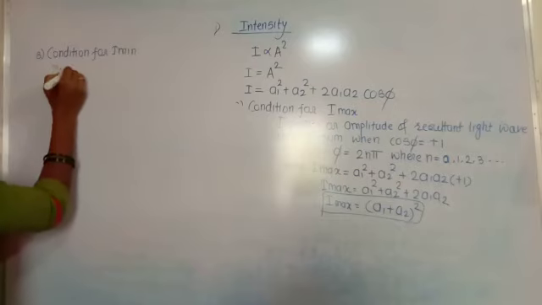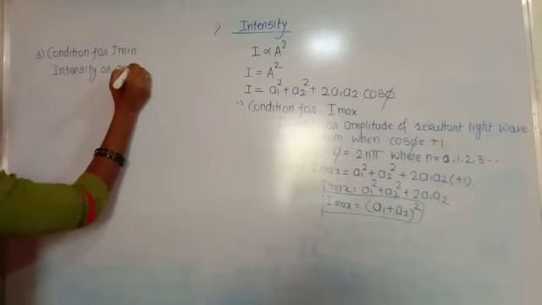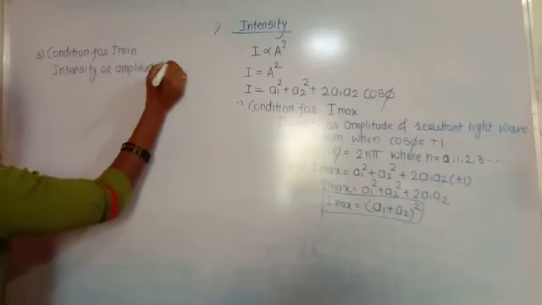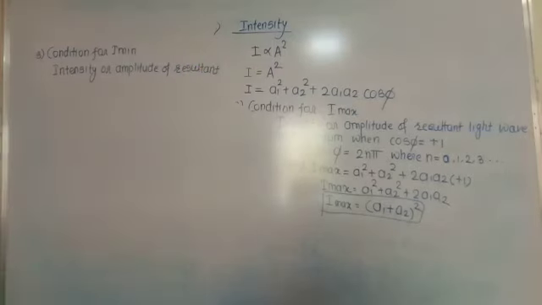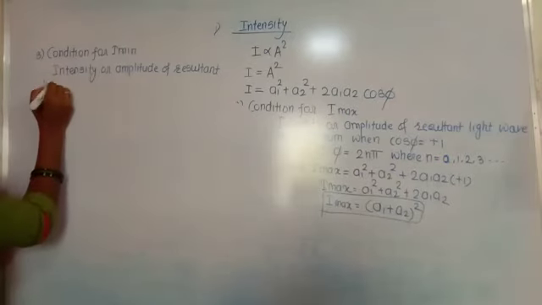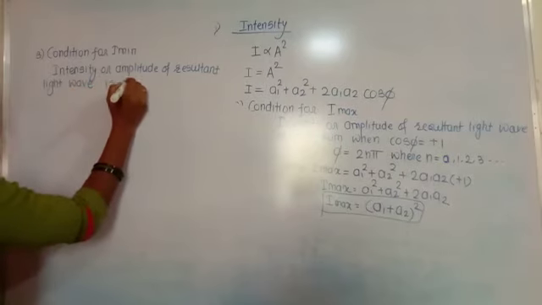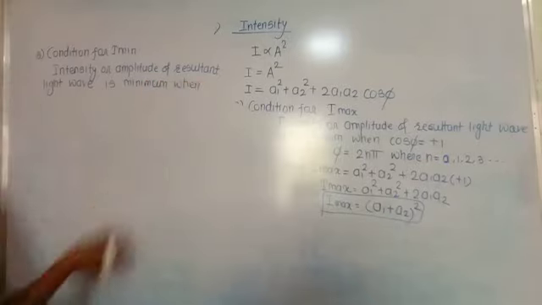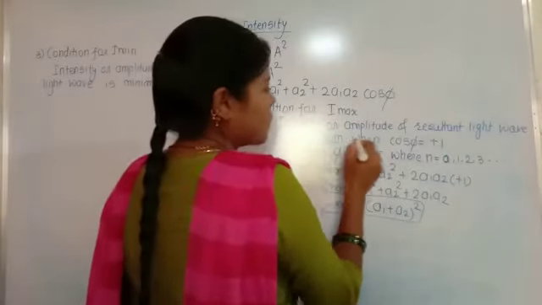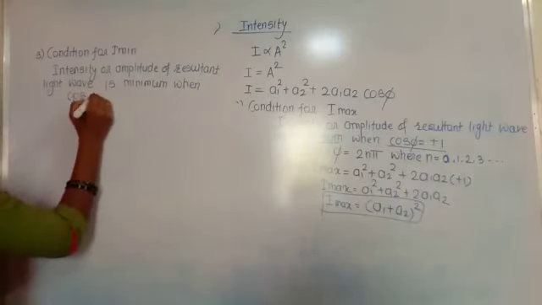Condition for Imin: the intensity or amplitude of the resultant light wave is minimum when, here maximum when cos of phi is equal to plus 1, here minimum when cos of phi is equal to minus 1.